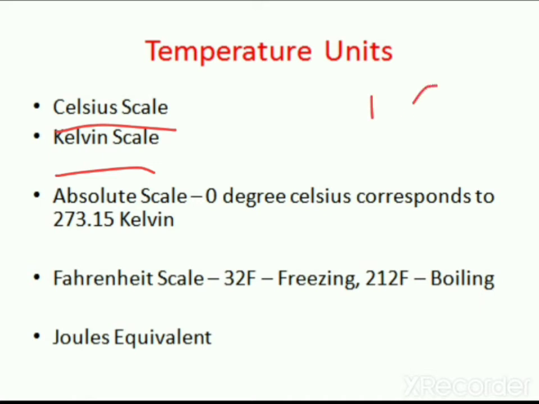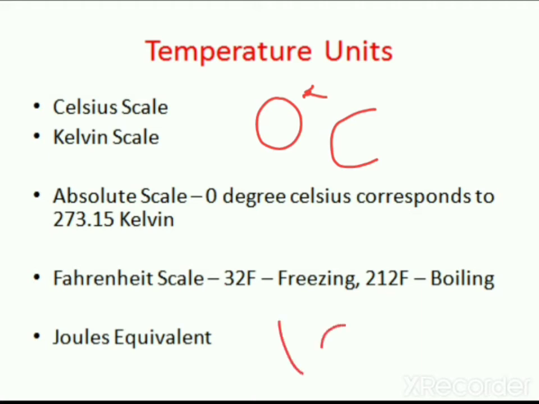There are 100 equal divisions or degrees between the freezing and boiling temperature of water. The freezing temperature of water is 0 degree Celsius, for Celsius, C is there, and boiling temperature of water is 100 degrees Celsius at normal atmospheric pressure.